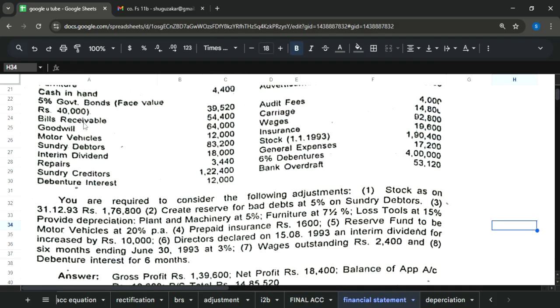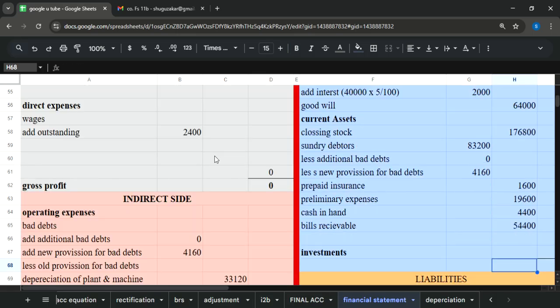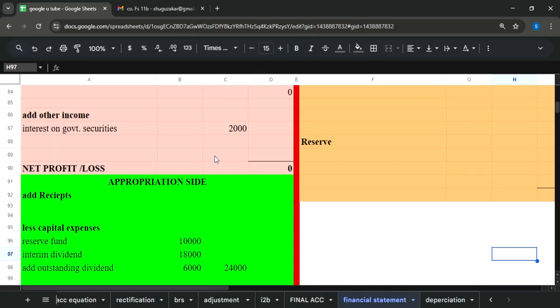No need to bother. Interim dividend 18,000, already recorded. Look here, 18,000, and this 10,000 was supposed to be over here.